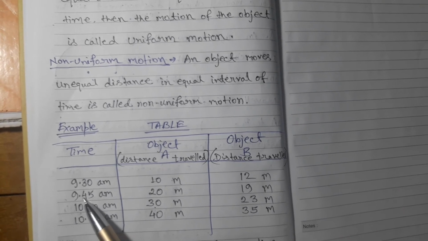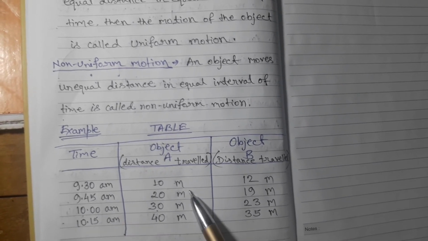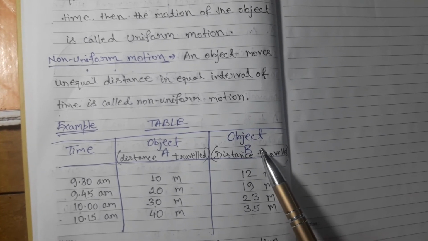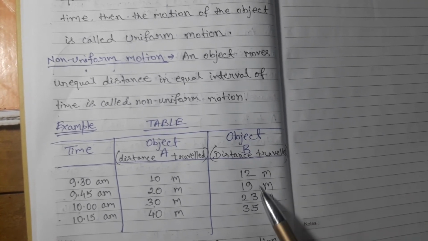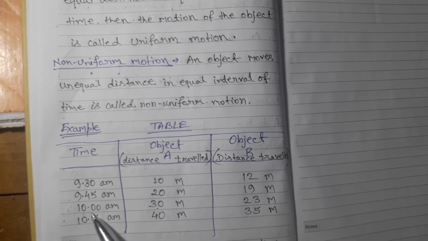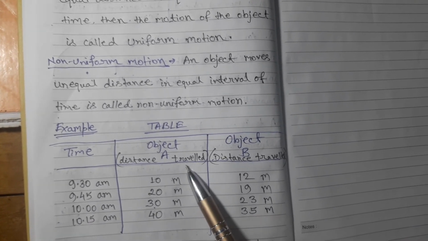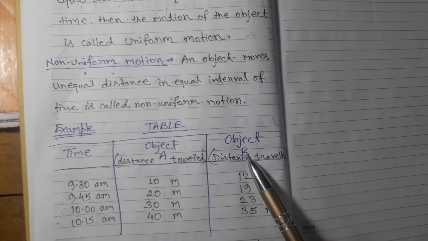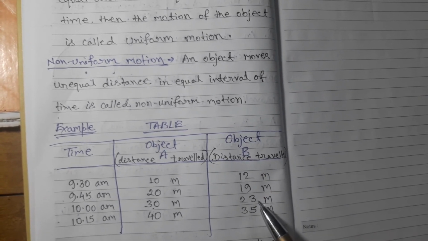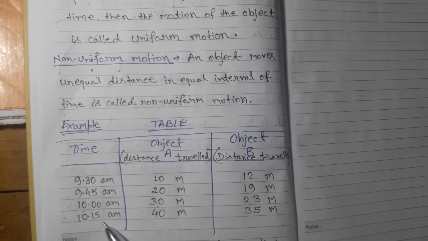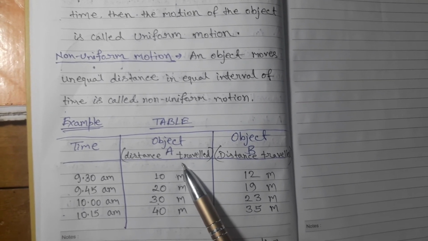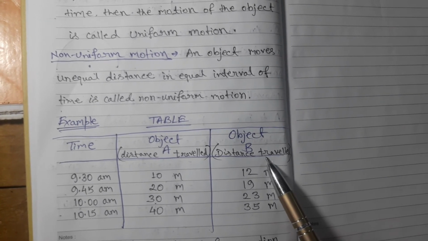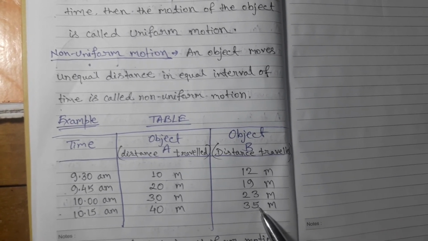At 9:45 am, object A is 20 meter and object B is 19 meter. At 10 am, object A is 30 meter and object B is 23 meter. At 10:15 am, object A is 40 meter and object B is 35 meter.